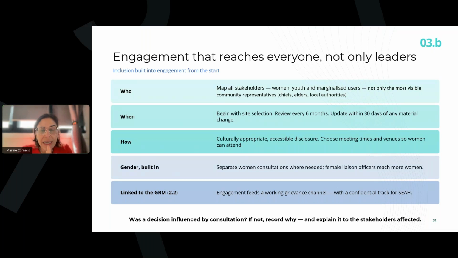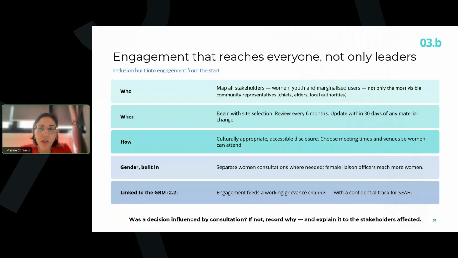The when is about you must start when you select the site, but you also must review every 6 months and update quite quickly within 30 days of any material change. I know 30 days is short, but in the long run, you won't feel it to be so short after all.